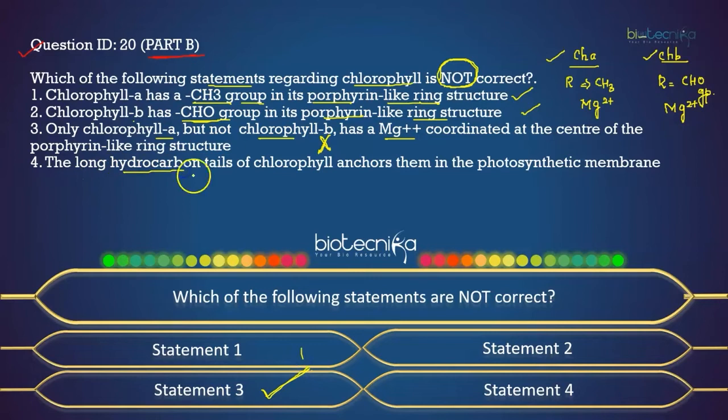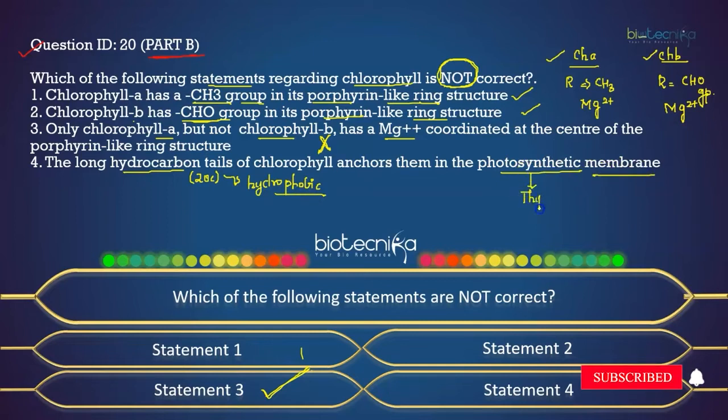The long hydrocarbon chain, which is 20 carbon, is hydrophobic. And because of this hydrophobicity, they are present in the thylakoid membrane, the photosynthetic membrane. So this is definitely a correct statement. But they have asked which is the not correct statement, so definitely it's statement number 3.